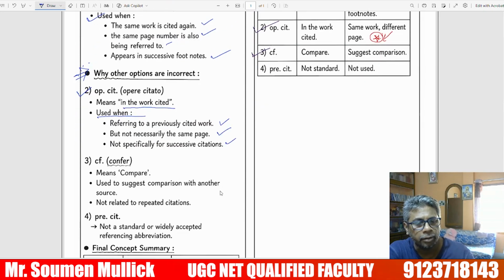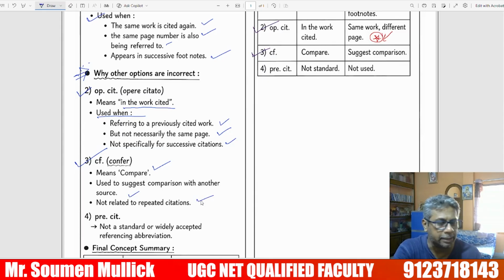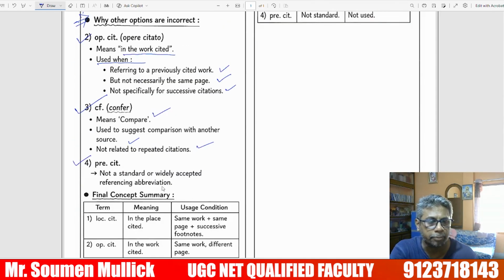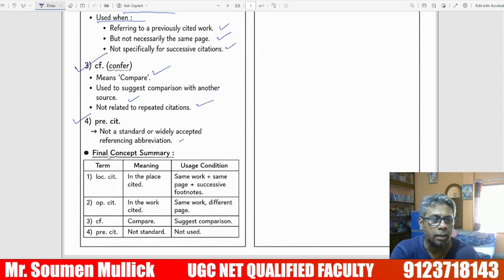Cf. means confer, meaning compare, used to suggest comparison with another source, not related to repeated citation. What is pre-cit? It is not a standard or widely accepted reference abbreviation.